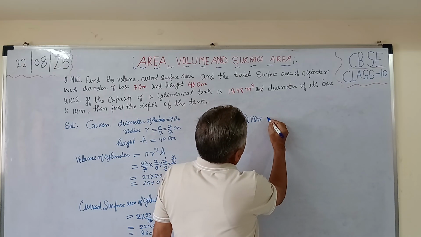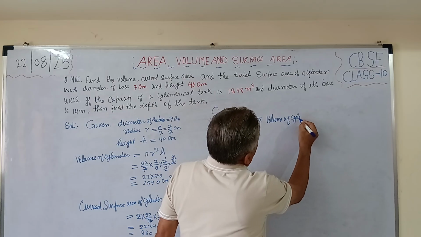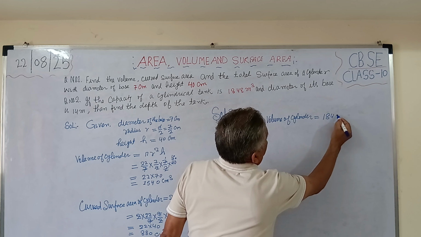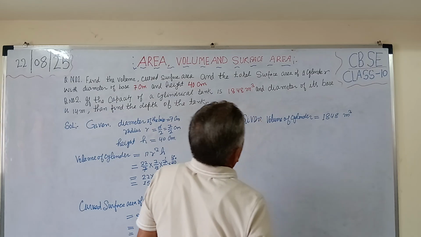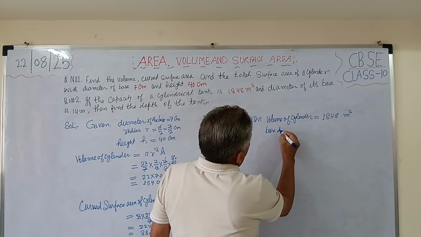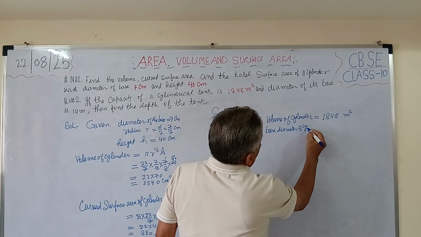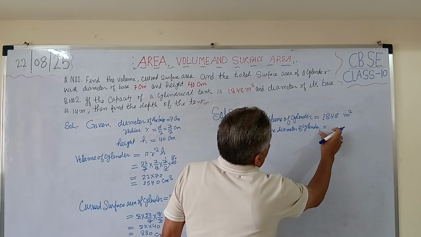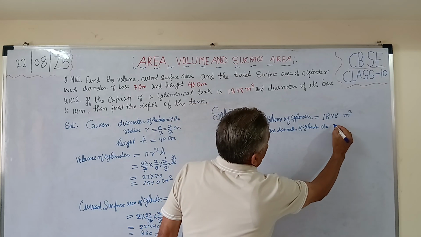Now given volume of cylinder, that is 1848 meter cube, and base diameter of cylinder D equals to 14 meter.